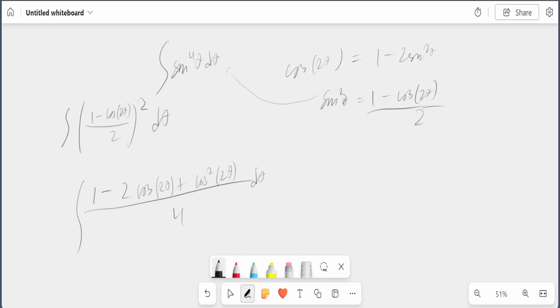You can split these pretty easily, and then you can do another half angle with that one, right? And so should I do it out? I'm trying to think, because the reason you don't do it if it's sine to the 5th theta d theta is because you will have an extra sine theta d theta.